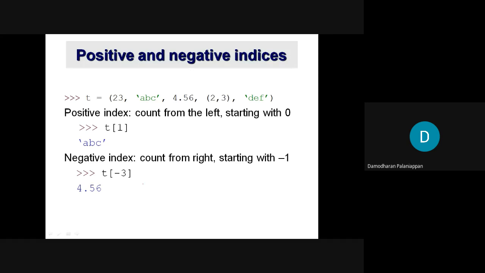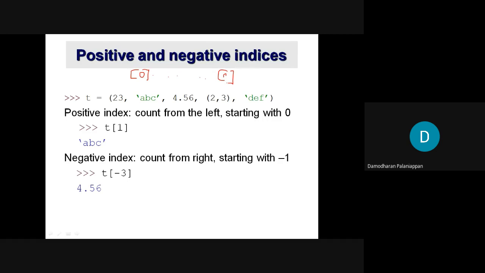In Python, there is a negative index also. In any programming language, the index starts from 0 and goes up to n. But in Python, we can also use the negative index.